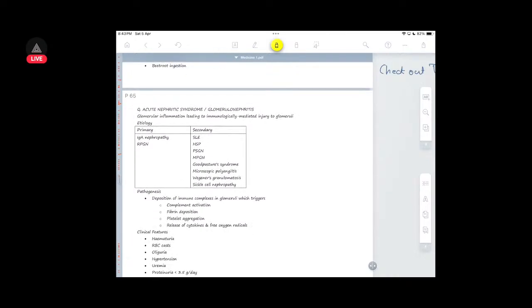Okay, then you have acute nephritic syndrome or glomerulonephritis, glomerular inflammation leading to immunologically mediated injury to the glomeruli. It is primary or secondary.